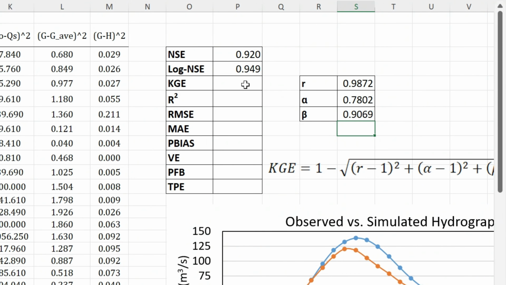So now we are ready to calculate the KGE based on these values. So that will be 1 minus the square root of (R minus 1) squared plus (alpha minus 1) squared, and finally (beta minus 1) squared.